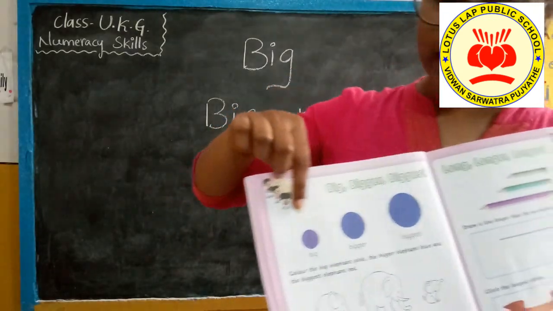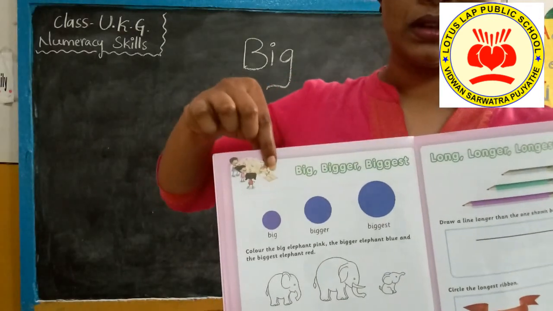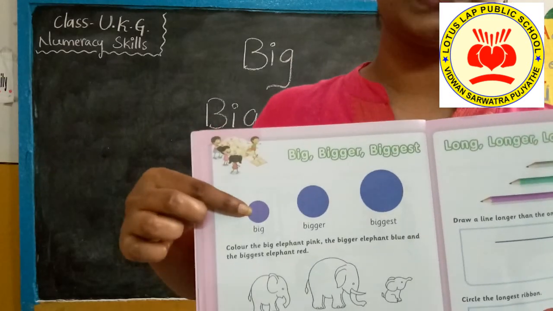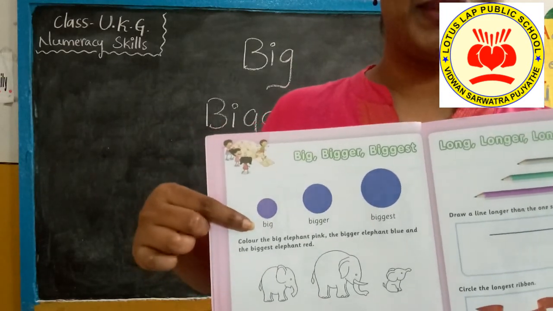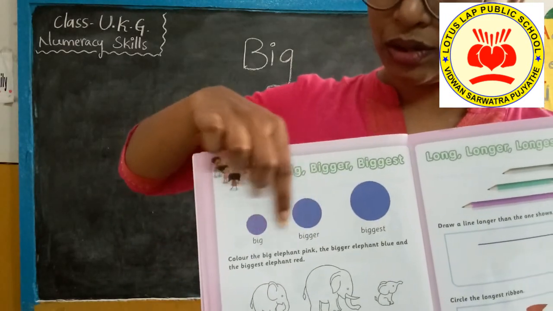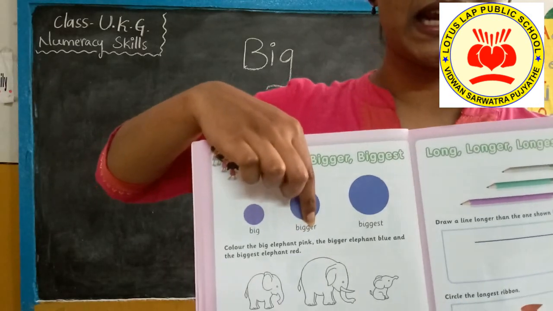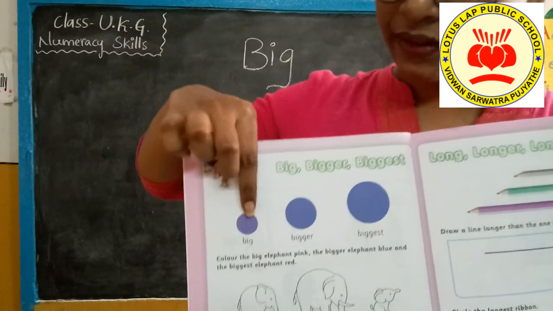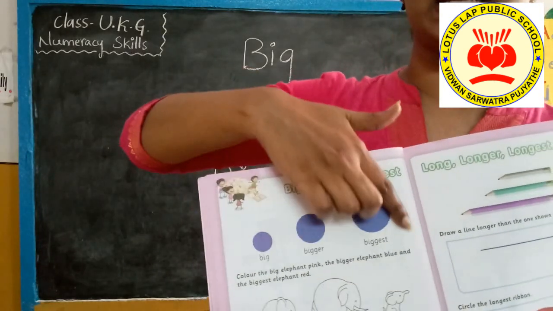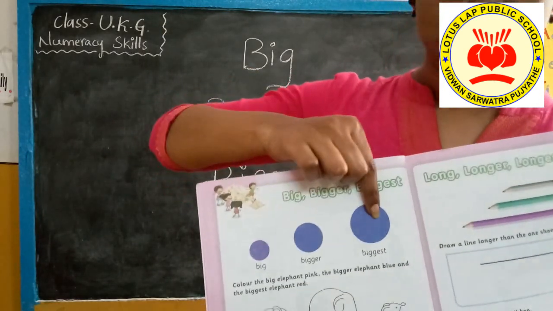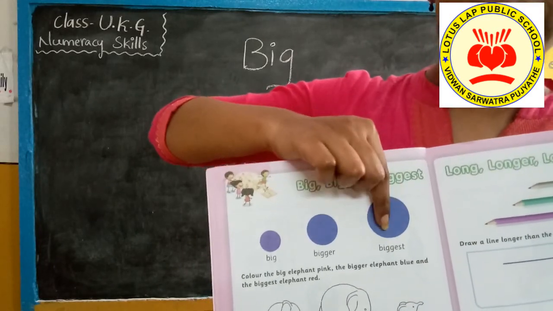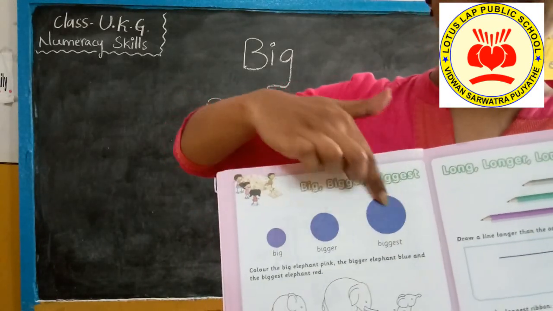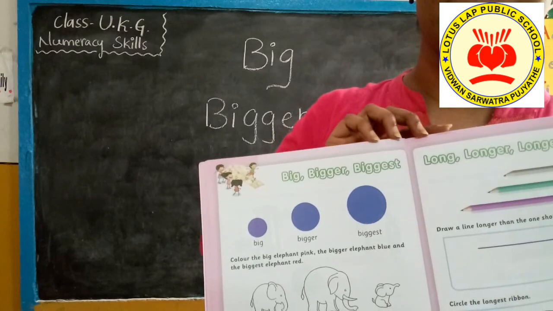Here circles are given. The first circle is big. If we compare these two circles, the second circle is bigger than the first circle. If we compare these three circles at a time, the third circle is biggest among these three circles.